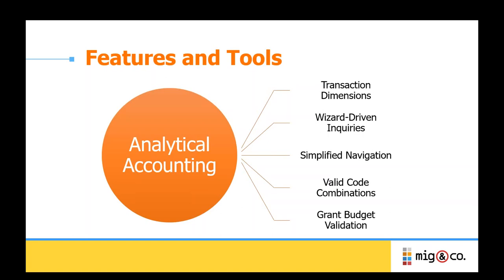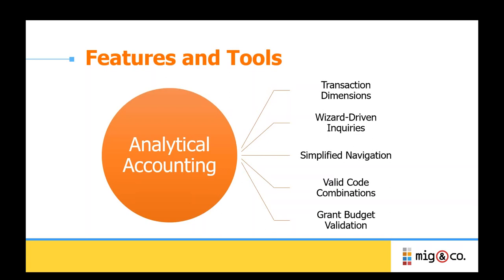It has wizard-driven inquiries. So analytical accounting allows us to pull that information in a number of ways. The navigation is very simplified for analytical accounting, so it's easy to move around. We can set valid code combinations so that we can make sure that people only code things the way that they should.